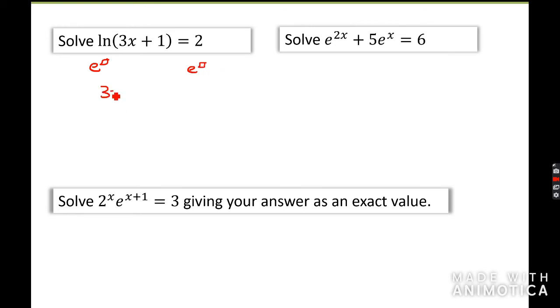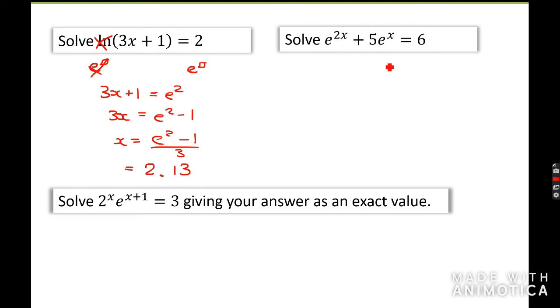So I'll end up with 3x plus 1 on its own, because that e to the power and the log natural cancel. So 3x will equal e squared minus 1. X will equal e squared minus 1 over 3. You can leave it in exact form. You can solve fully. And we should get 2.13.